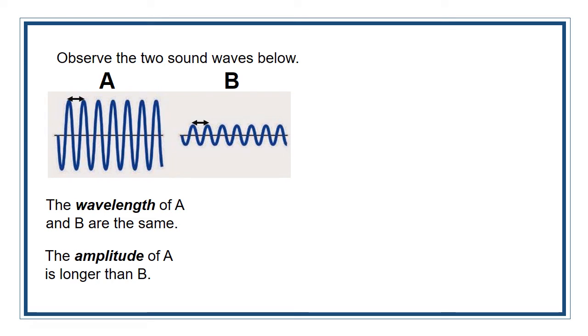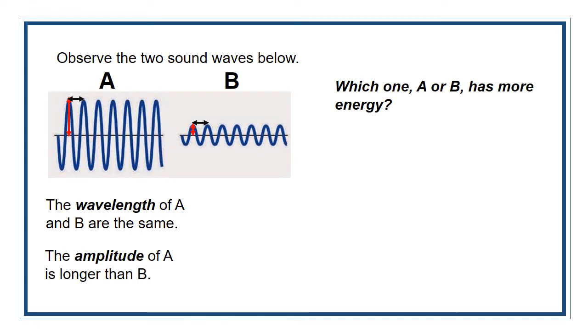The amplitude of A is longer than B. So that's the amplitude of A and B. It is obvious, right, that A has a longer one.